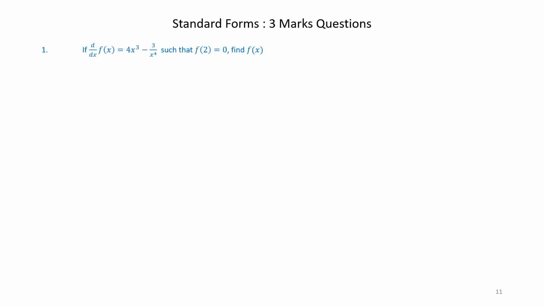Next question. Now, we have solved 1 mark questions and 2 mark questions. Now, we will take up a 3 mark question. Given, if d by dx of f(x) is equal to 4x cube minus 3 over x to the power of 4, such that f(2) equals 0, find f(x).